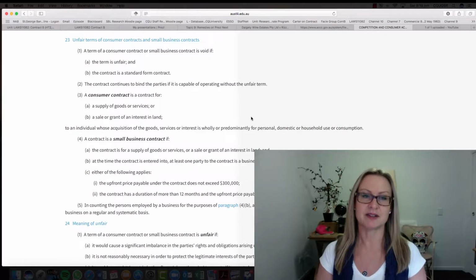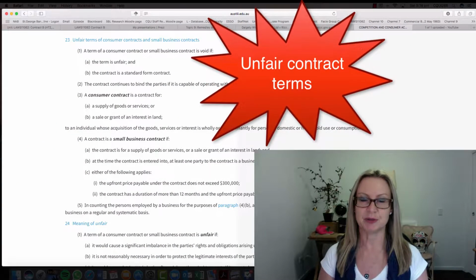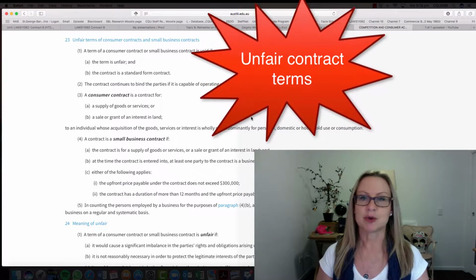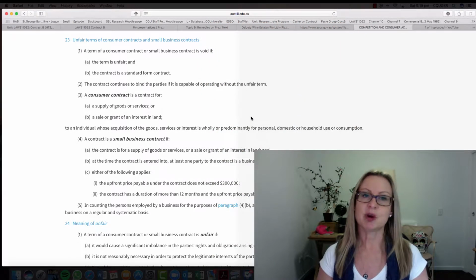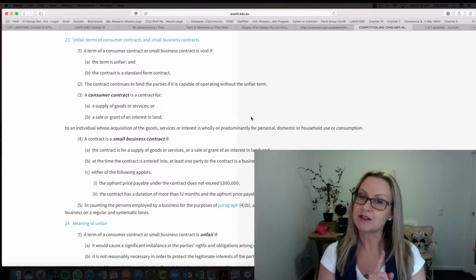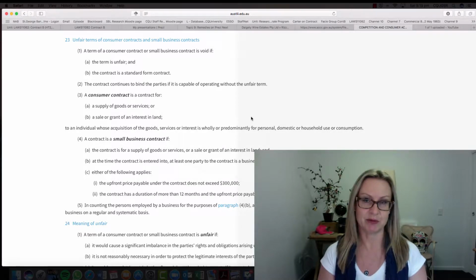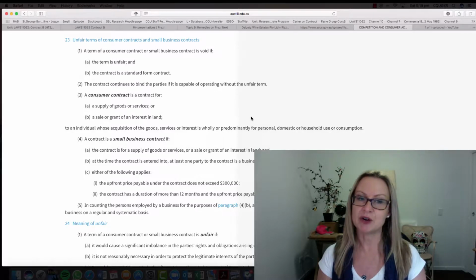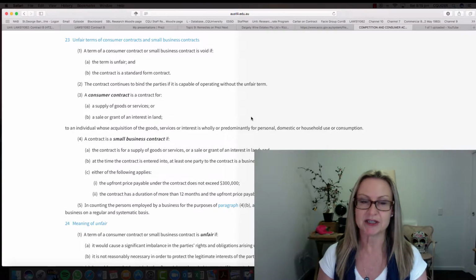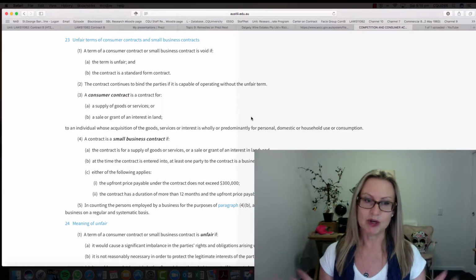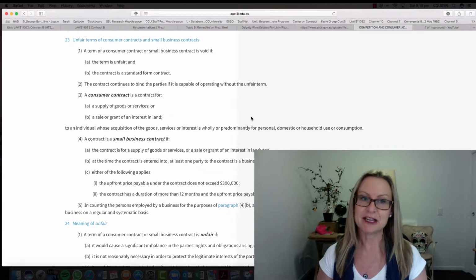Okay, here we are at section 23, which is the unfair terms provision. And as you'll recall from Contract A, a term of a consumer contract or a small business contract, that provision came in just in November last year, is void if the term is unfair and the contract is a standard form contract. So that leads you to ask, what is an unfair term?